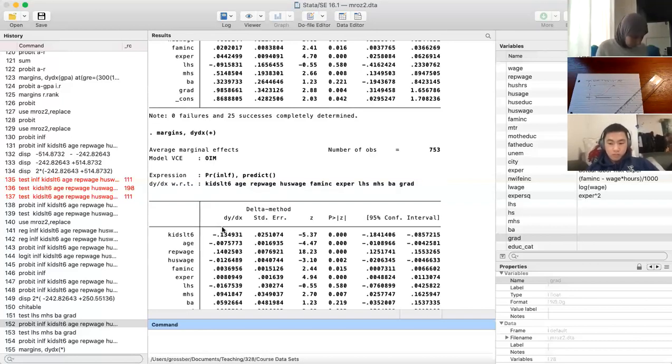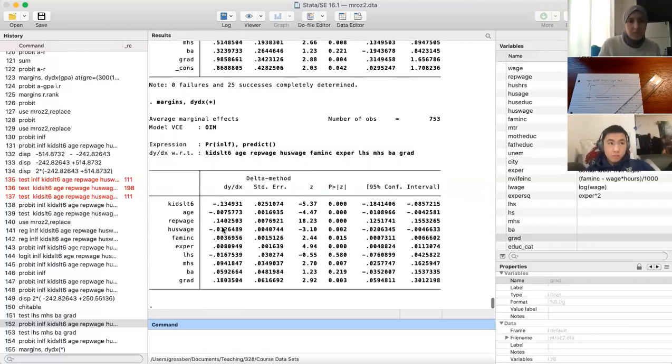All right, so this is the average treatment effect then, or the average marginal effect. And what we could do is, instead of looking at a marginal effect, we could also ask Stata to estimate elasticities, which are useful.